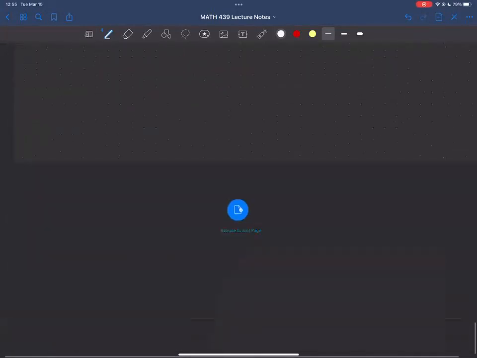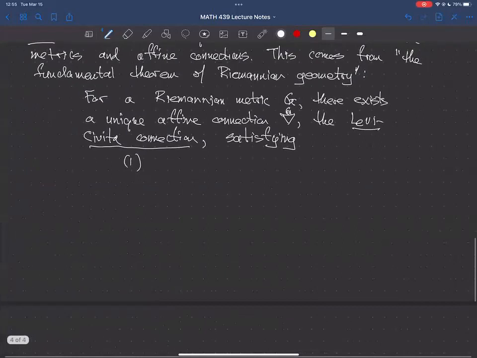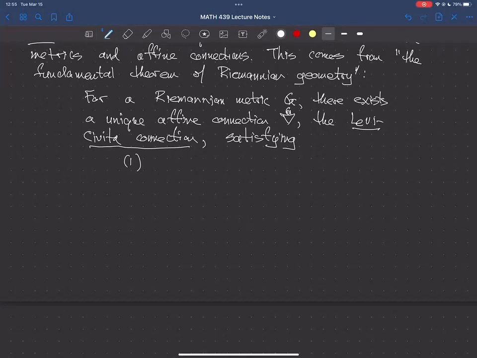The first condition, I'll write it down and then tell you how you should understand what that condition means. Let's take a function, defined as follows: take the Riemannian metric G and evaluate it on two vector fields x and y.